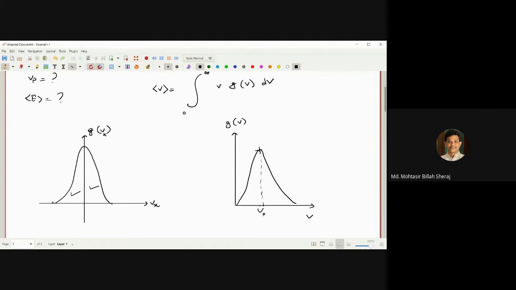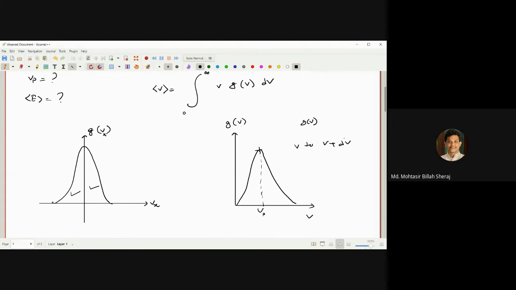Why? So what was actually g(v)? g(v) was the probability of having a molecule within the per unit interval of the interval v to v plus dv.